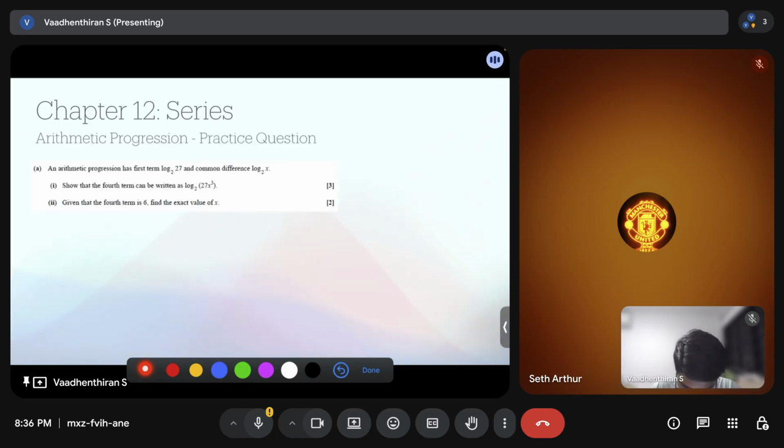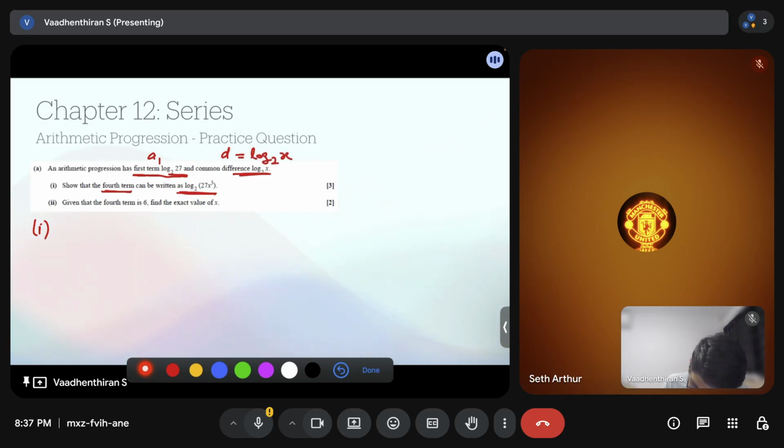So then there's a practice question here. For part 1, show that the fourth term can be written as this. The first term they have given, so this is a1, and the common difference d is equal to log 2x.